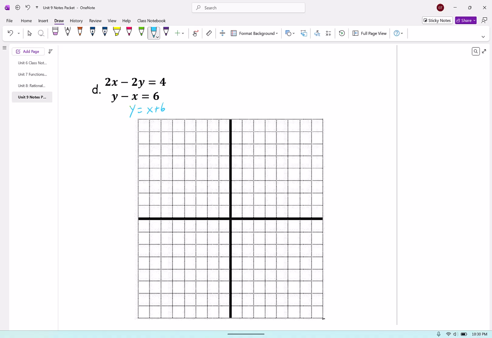And then over here, I'm going to rearrange some things: -2y equals -2x plus 4. All right, divide by -2. I'm going to end up with y equals x minus 2.